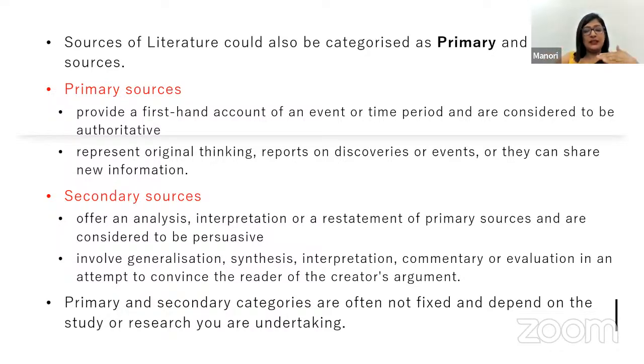So usually the primary sources are the new kind of information. For example, I have done a piece of work, so it's my primary work. I have published that in a refereed journal article, so it's primary work from the primary original author.